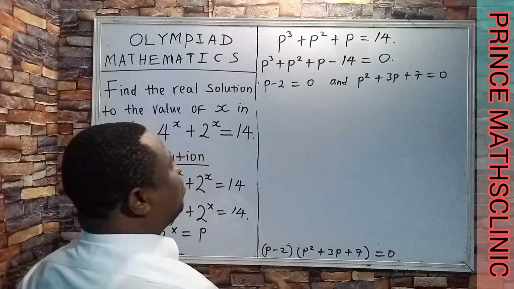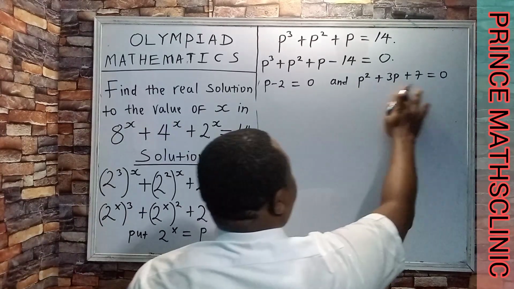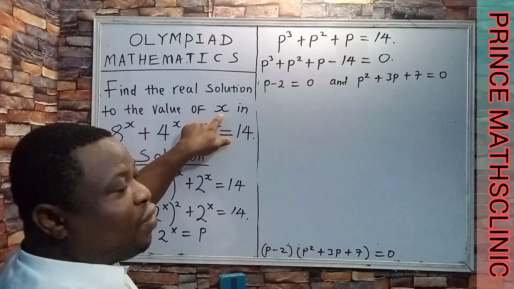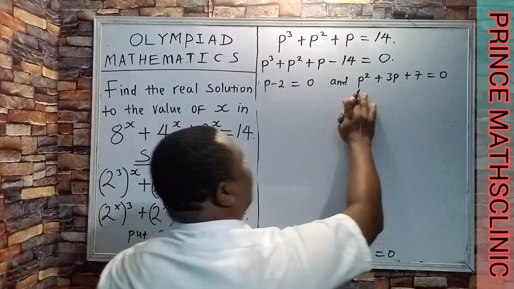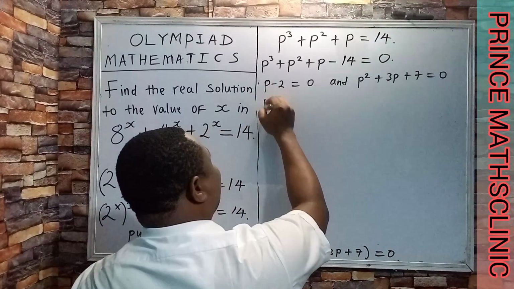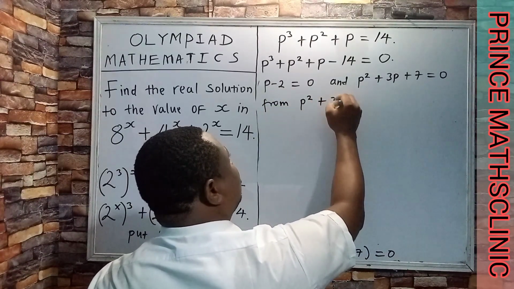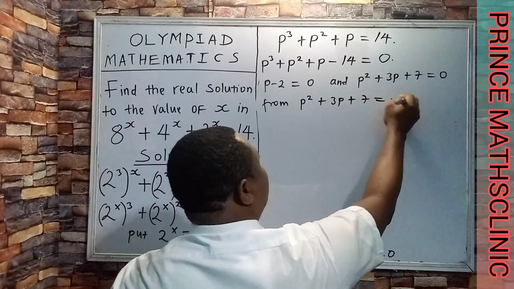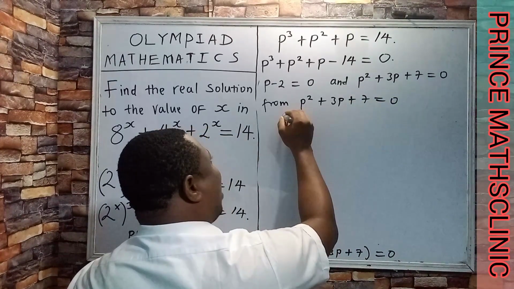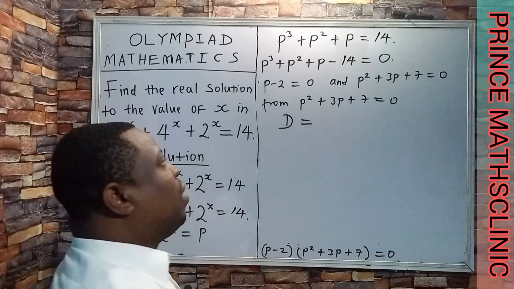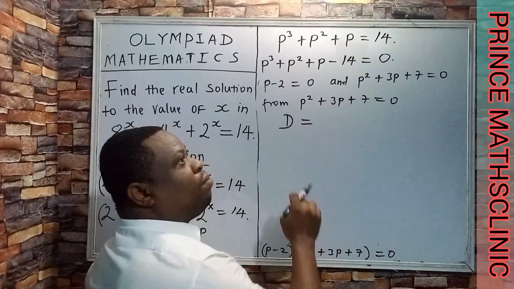So what does that mean? I want to focus on this part. Remember, we have to find the real solution to the value of x. Now, looking at p squared plus 3p plus 7 equals 0, we want to obtain the value of the discriminant to find out if we will obtain a real value from this point.